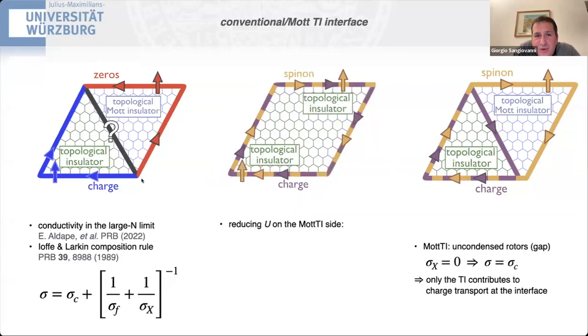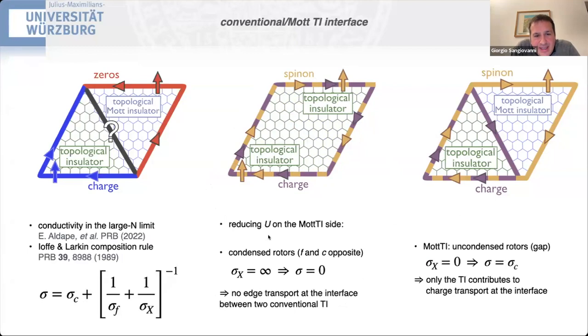Whereas if we now make both sides with condensed rotors, so we are essentially interfacing two TIs, then the conductivity of the boson becomes infinite, and this compensates perfectly, because here this disappears, and we have compensation between sigma C and sigma F, and so no edge transport, as it has to be in this case where we have essentially a conventional TI in the whole system.